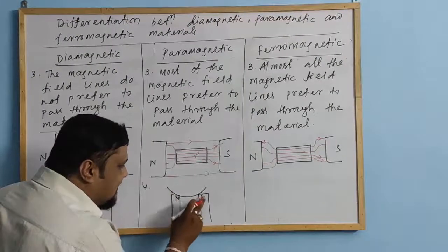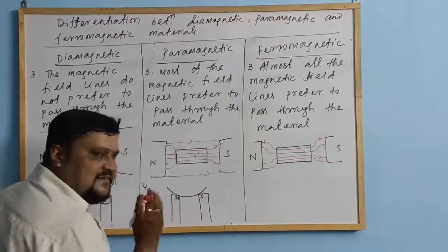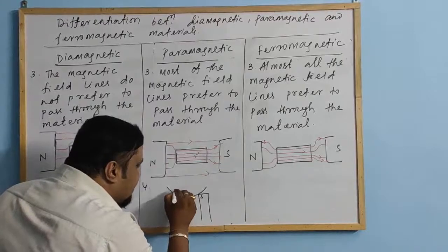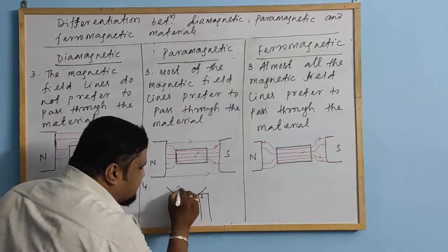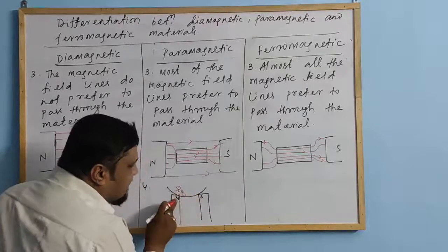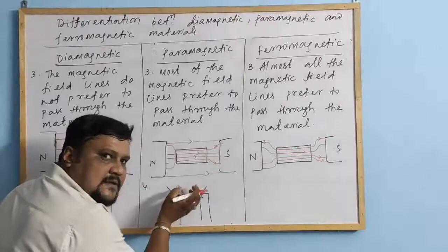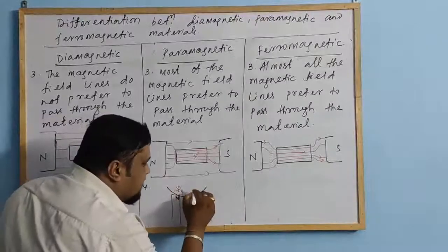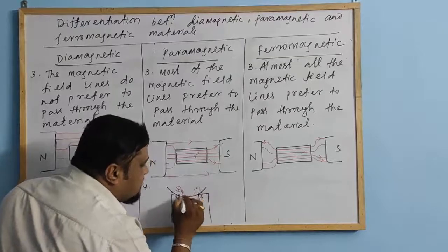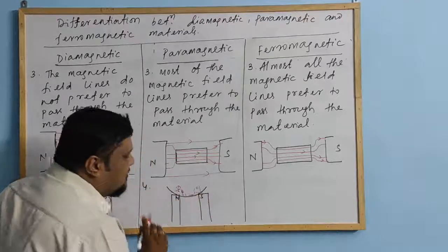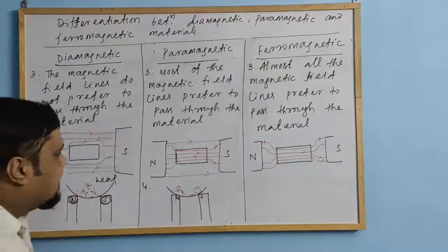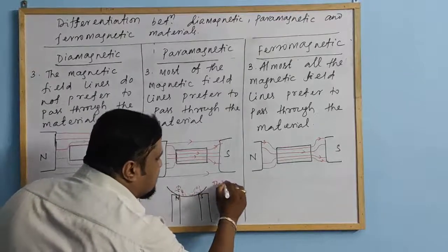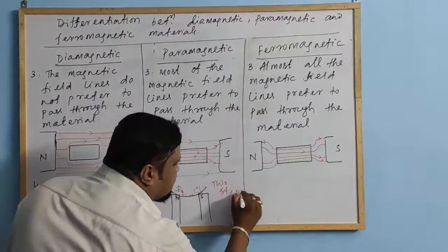So here the magnetic field is stronger, and in this region the magnetic field is weaker. So we will get it collected in two steps. Like this, more is collected here because the magnetic field is stronger. Here also the magnetic field is stronger. And in this region, you get a small amount, right? So they are collected in two steps.